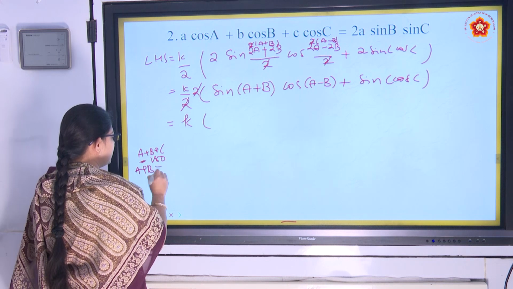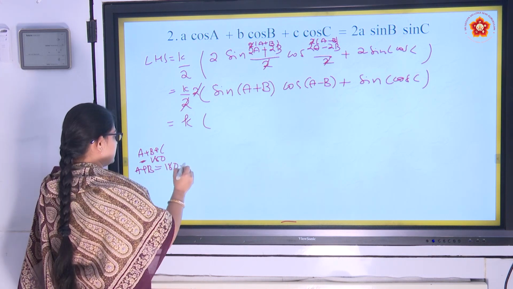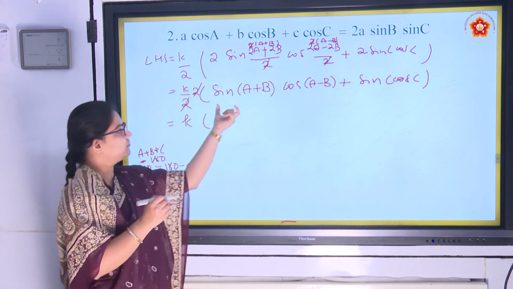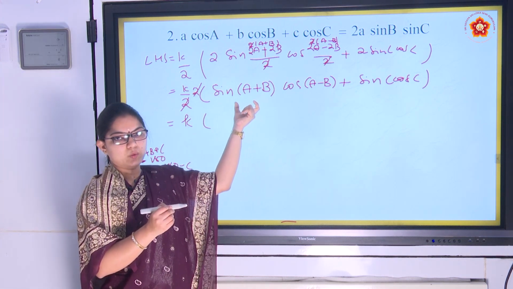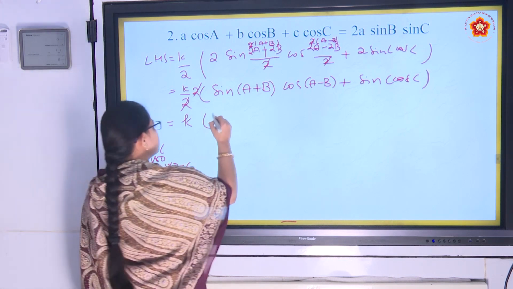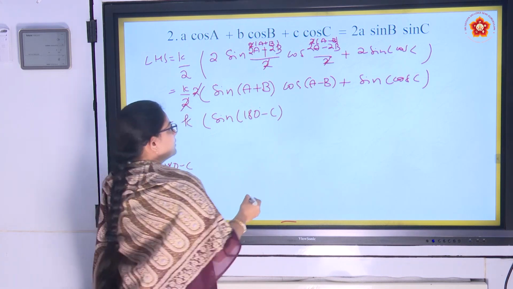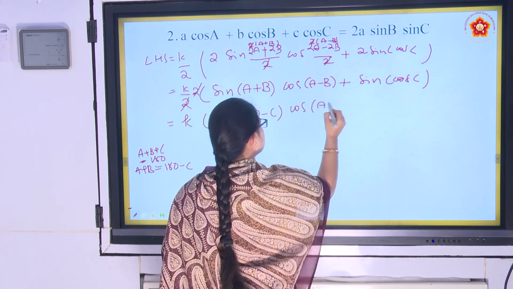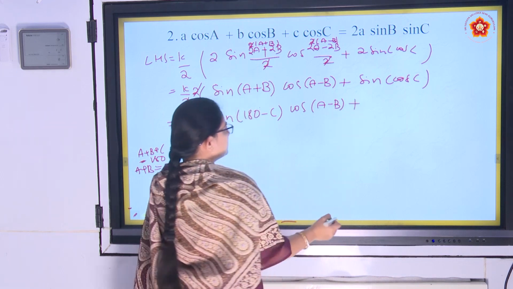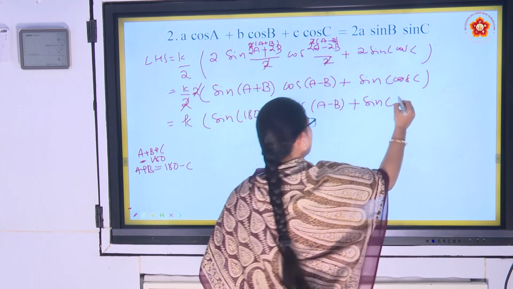So, A plus B is nothing but 180 minus C, correct? So, in place of A plus B, I can substitute 180 minus C, right? So, if I substitute that, sin of 180 minus C, and this is cos A minus B itself, plus here we have sin C and cos C.